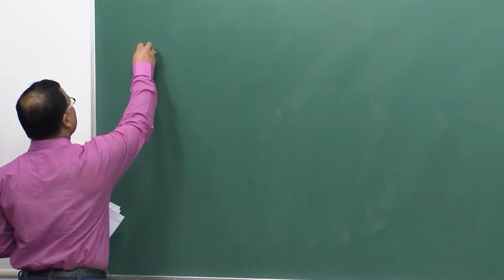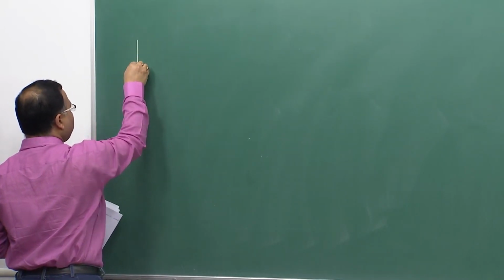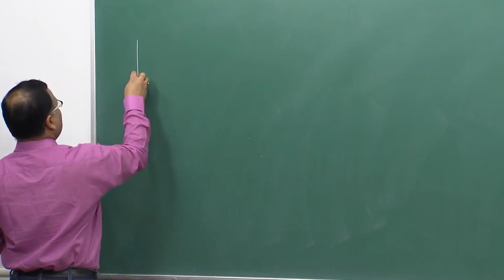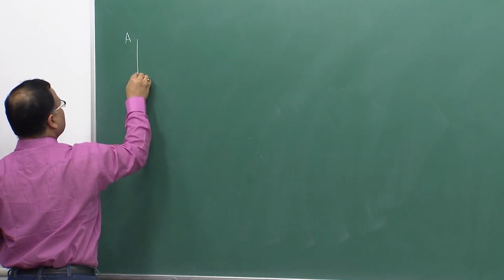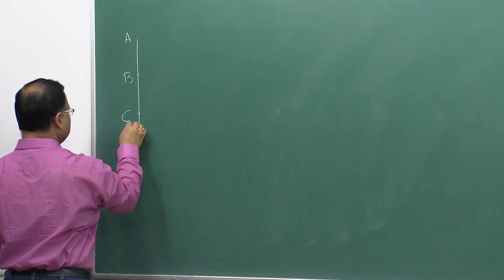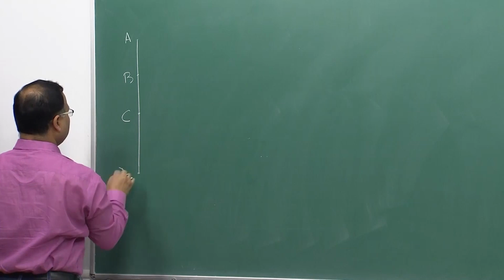So, we can plot this distribution. So, these are the different points, point A, this is your point B, this is your point C, and this is your say point D. Okay.